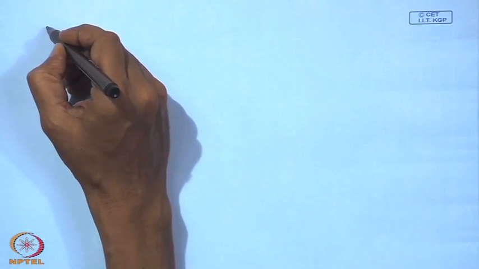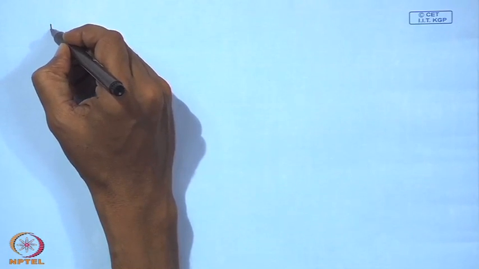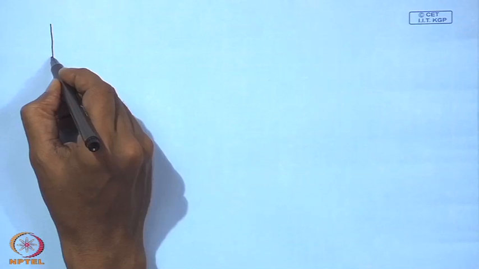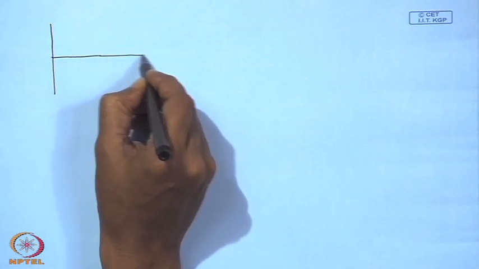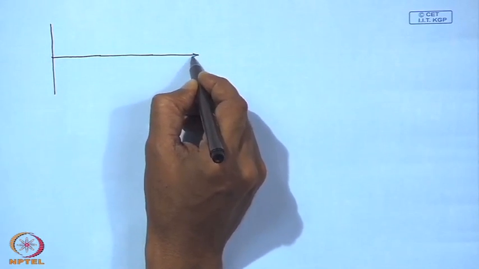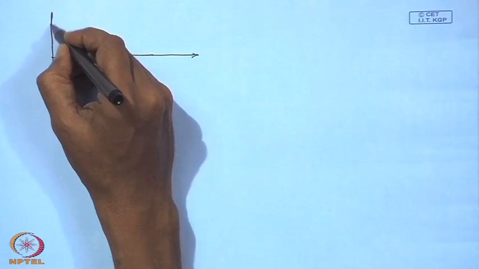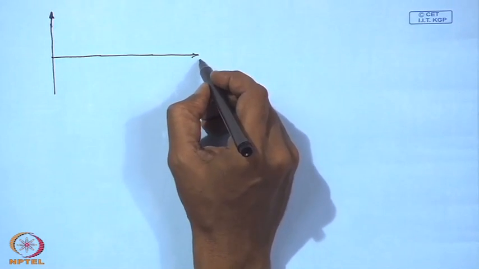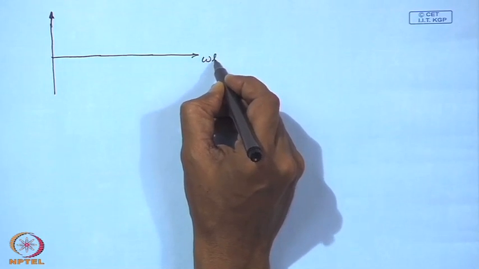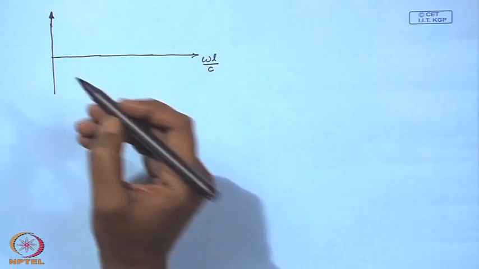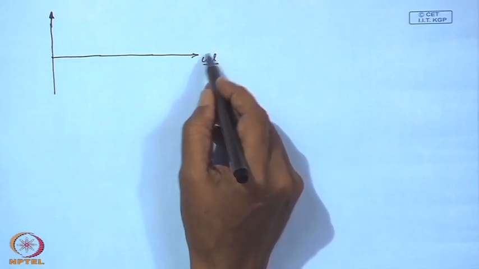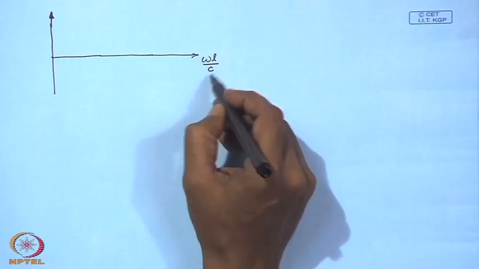So, on the x axis I have omega L over c.